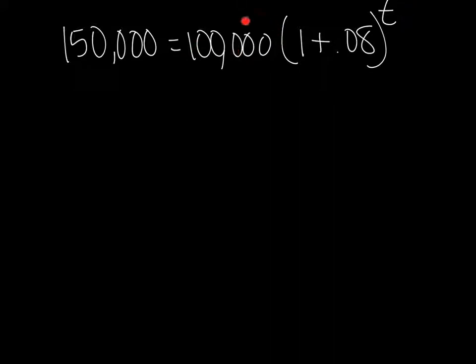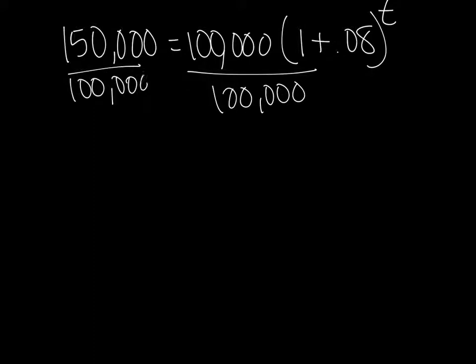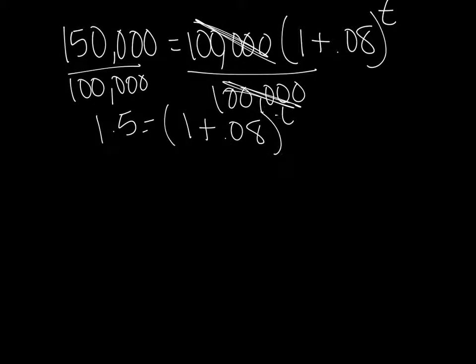We're going to get rid of the 100,000 first because it is multiplying. I'm going to use division to cancel it out. Those cancel out. I'm left with 1.5 on the left side, and that's going to equal what's left over. These cancel out, so I'm left with 1 plus 0.08 to the T power.